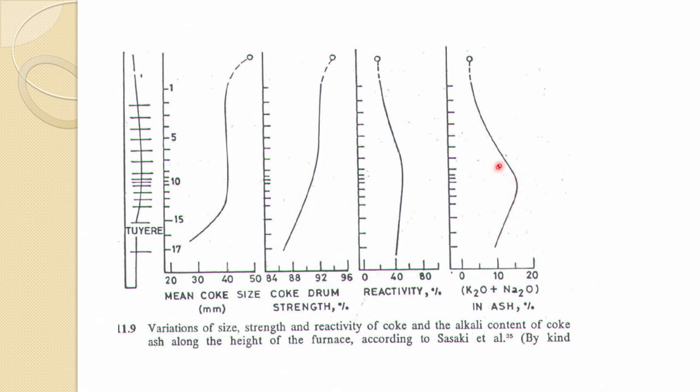So, there you have a maximum alkali content, and it comes with the slag and again recirculates and deteriorates the quality of the burden. So, one has to be careful about the percentage of alkali in the ash. So, this is a typical distribution of coke size, coke strength, reactivity, and alkali in the blast furnace from top to bottom.